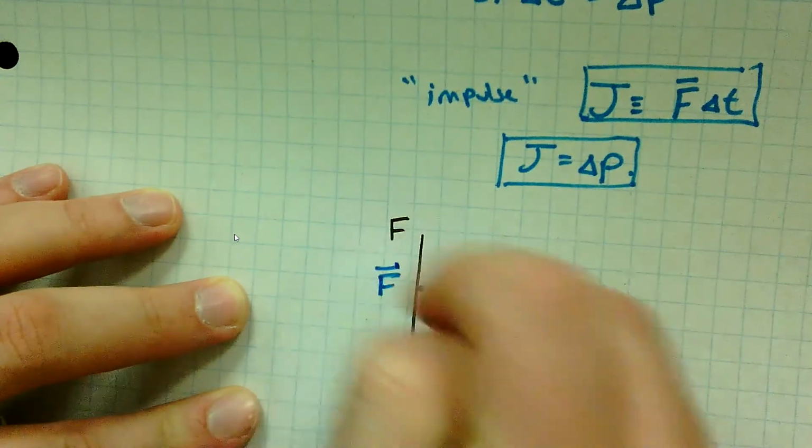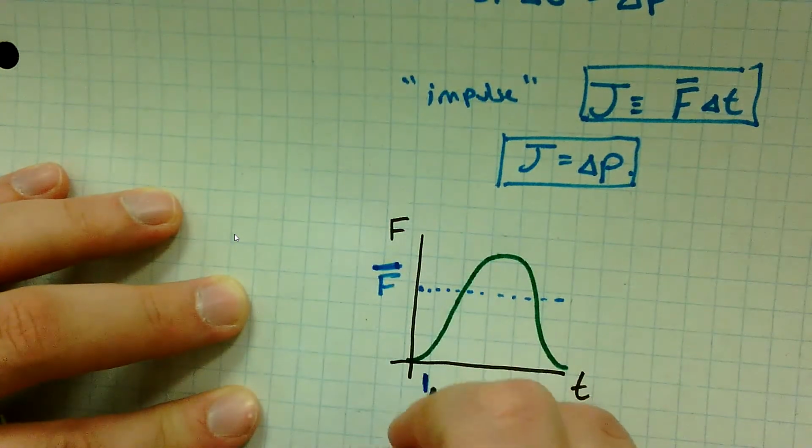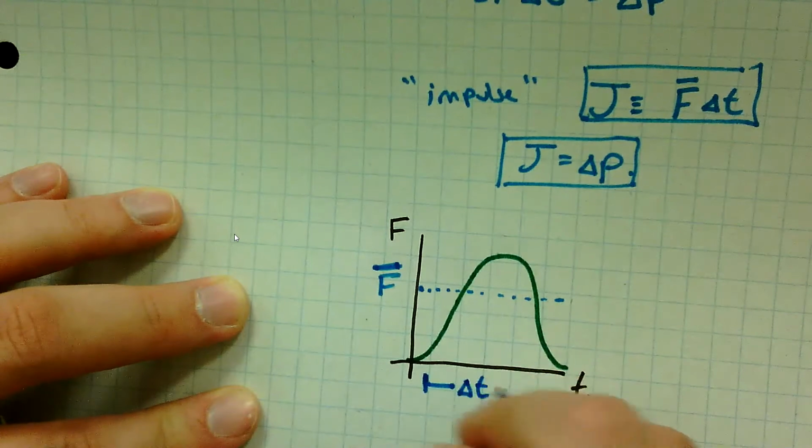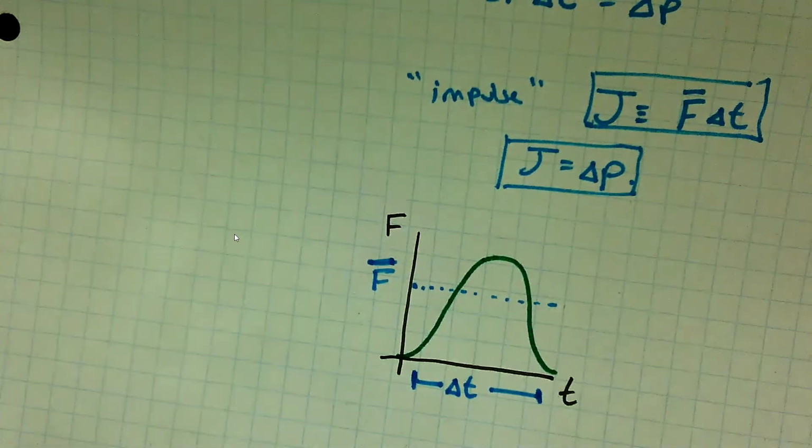We call this the average force, F bar. And the time that this force is acting is that delta T, right? We can think about that changing force and the time that it acts as providing an impulse that's changing the momentum.